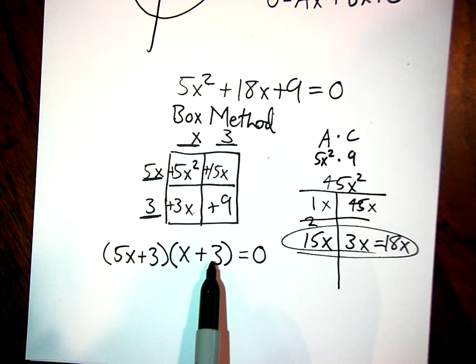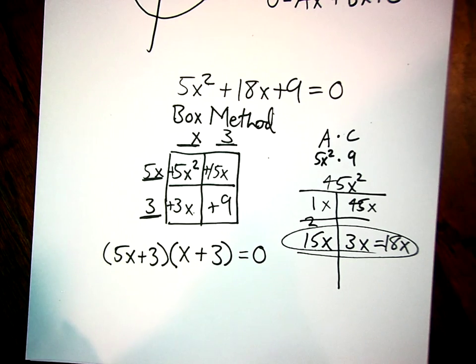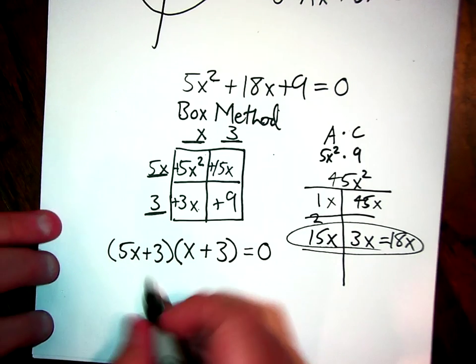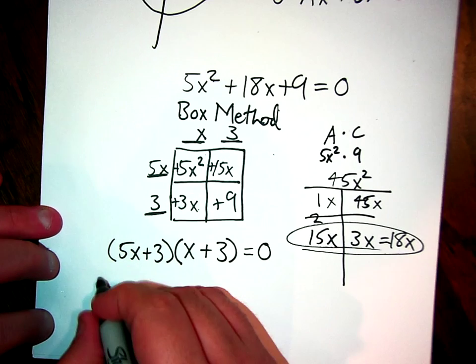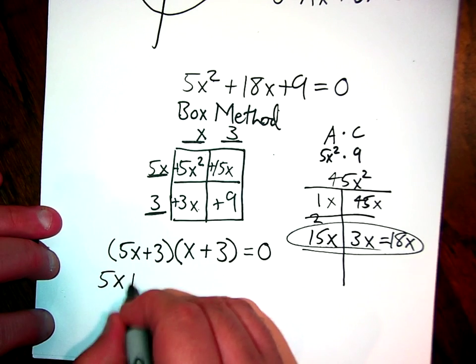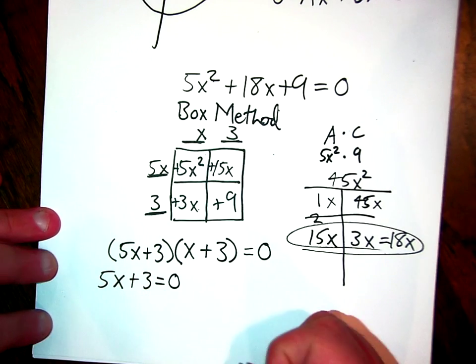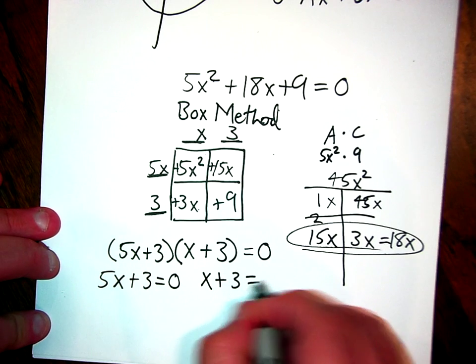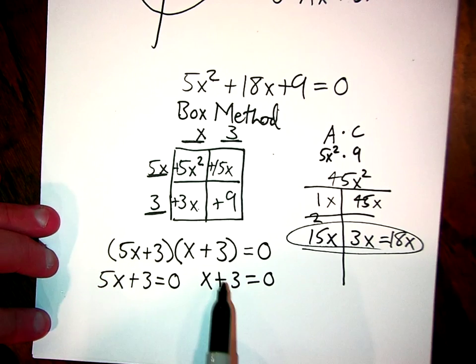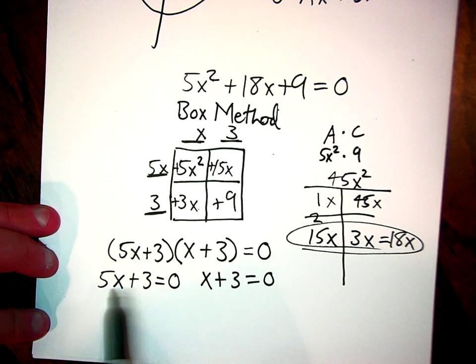Either way, 0 times negative 5 is going to yield 0. So that allows us to set each of these binomials separately equal to 0, and then solve. So I'm going to set both of these binomials, the first one and the second one, equal to 0. And then I'm just going to figure out for each case what x is equal to.